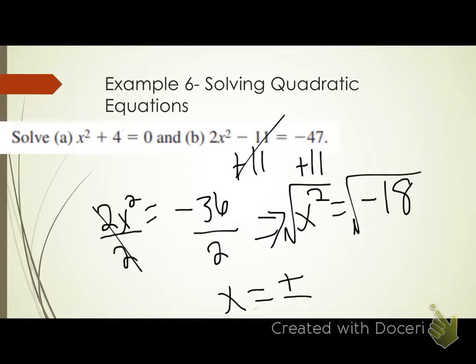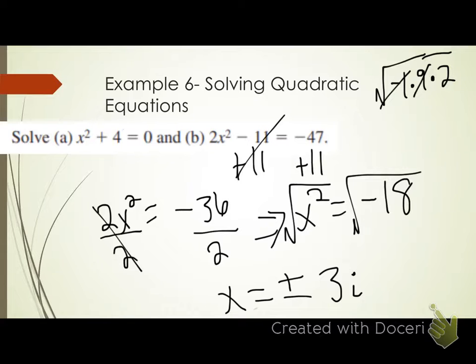Now I'm simplifying the square root of 18. I know I've got my negative 1. And now I want the biggest perfect square that goes into 18. That is 9 times 2. So taking the square root of 9, I get 3. Square root of negative 1, I get i.